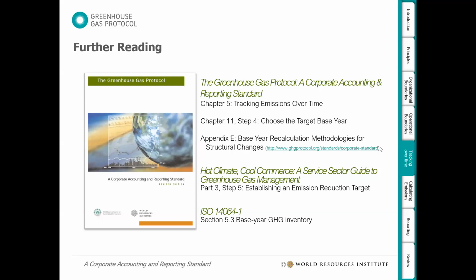So it may previously have reported that it was, say, 50% towards attaining a target, but after revising its base year and moving that base year forward, it may find that its progress towards the target has changed. So that can be an awkward thing to communicate publicly and is worth bearing in mind.